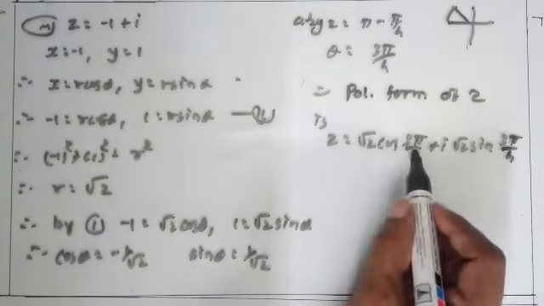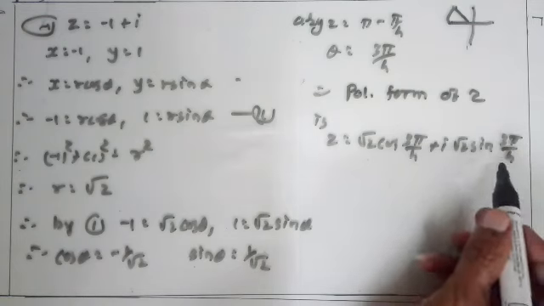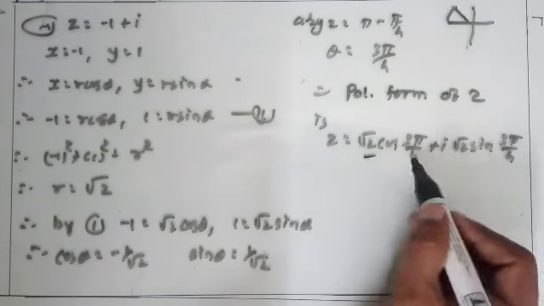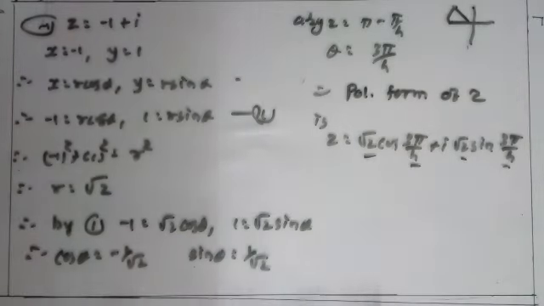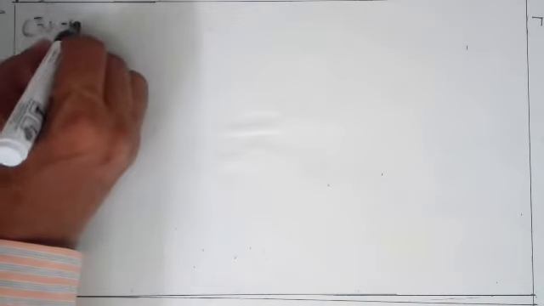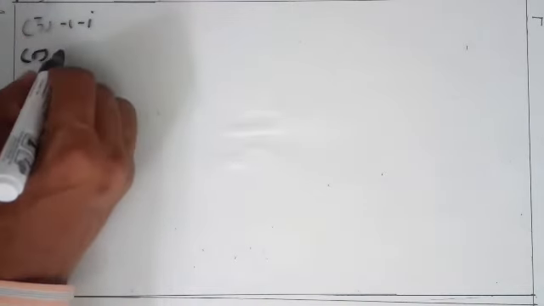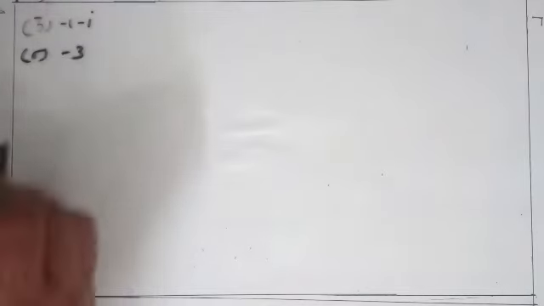So r cos theta plus i r sin theta. Replacing r and theta, we get the polar form of the given complex number. Okay. Now question number 5. Same question, minus 1 minus i. Question number 6, minus 3.